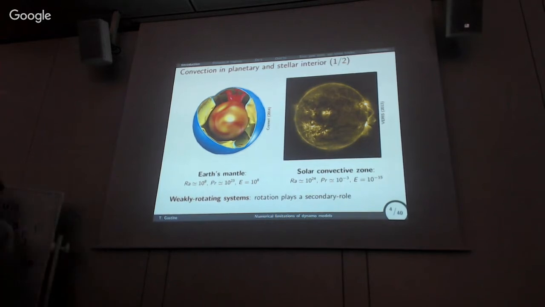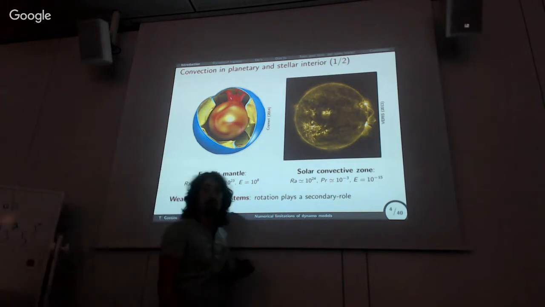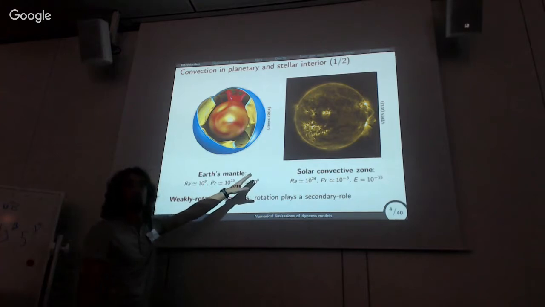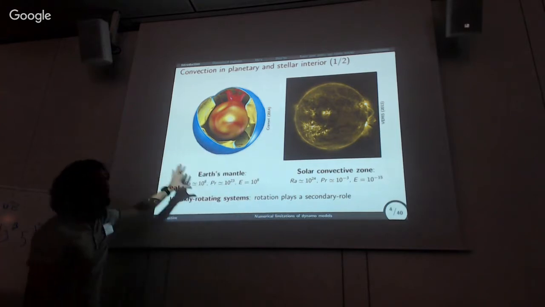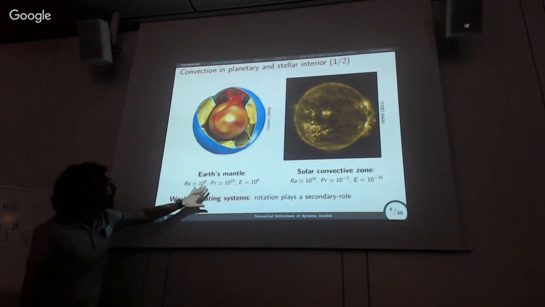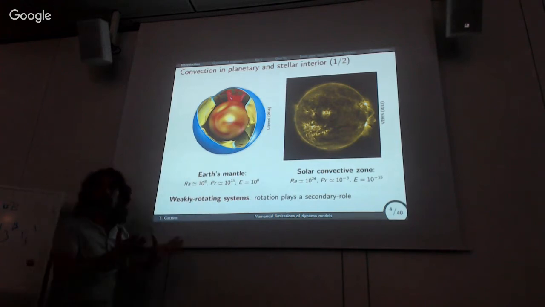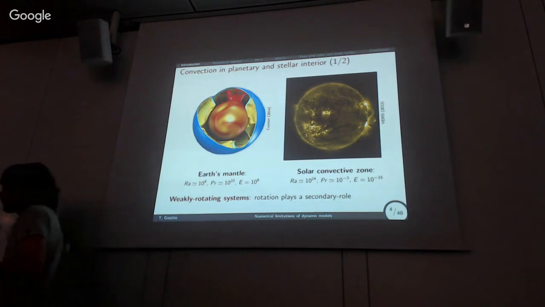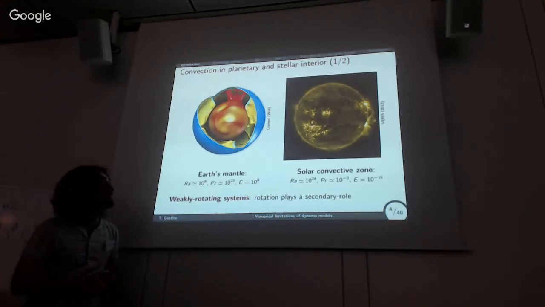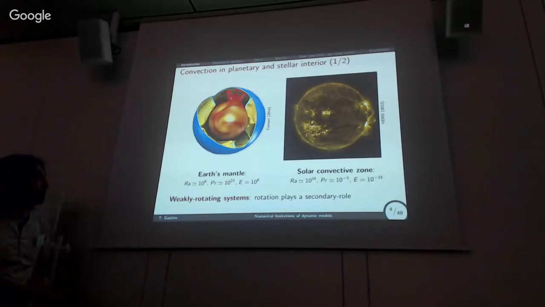It's a very peculiar regime where you have an extremely high Prandtl number, 10 to the 3, and the Ekman number is also very high, which means that this flow is weakly influenced by rotation, and it has a, let's say, modest Rayleigh number of 10 to the 8. It's also a very peculiar rheology, with a very complex viscosity that depends on the temperature in a nonlinear way.